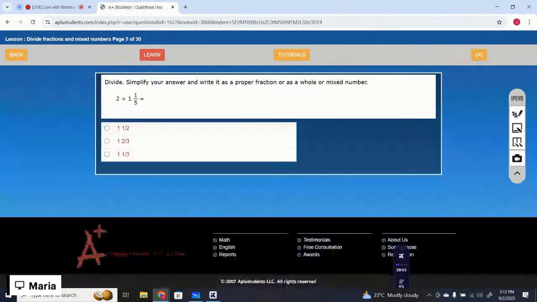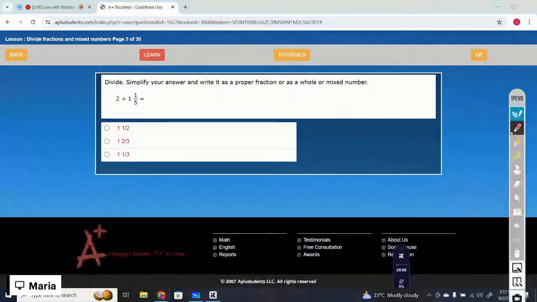Next, 2 divided by 1 whole 1 over 5. So we have 2 divided by 6 over 5, since 5 times 1 and 1 is 6 over 5. So replace the division sign with multiplication and the reciprocal. 2 times 3 is 6, so 5 by 3 it is.